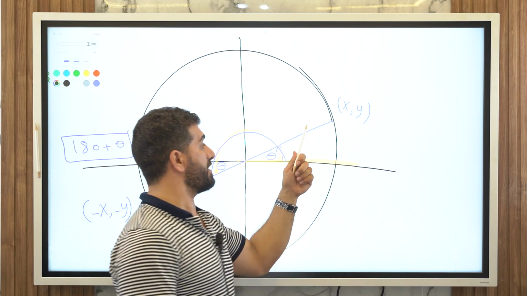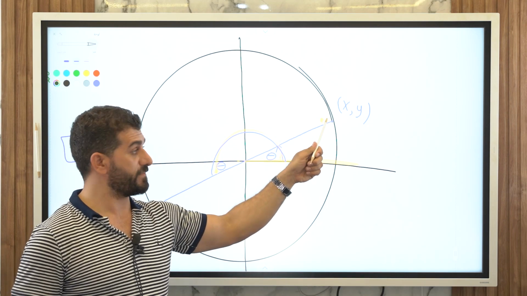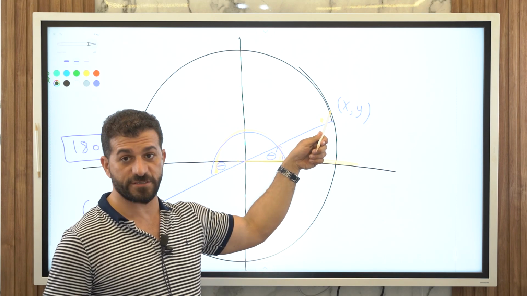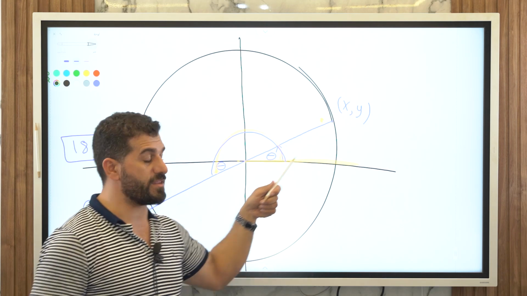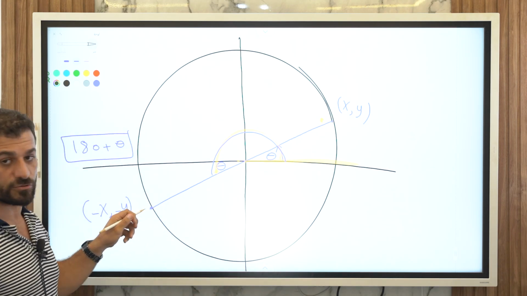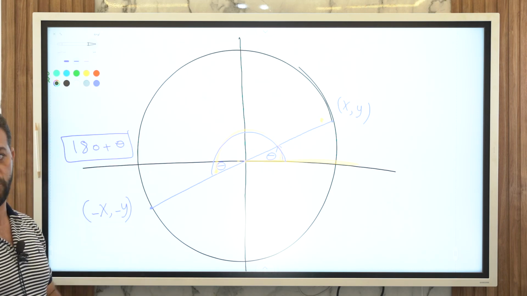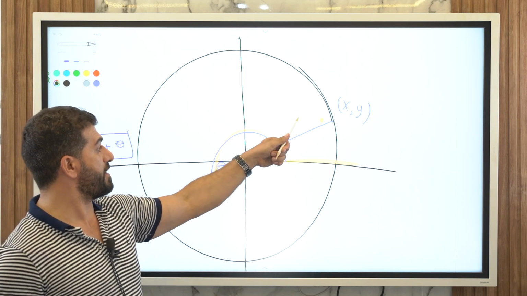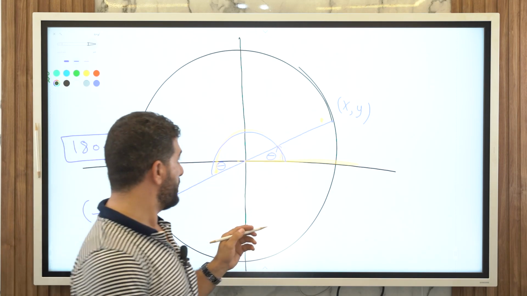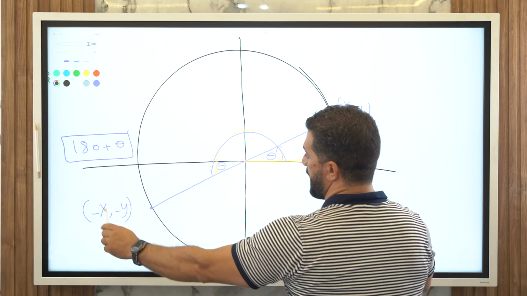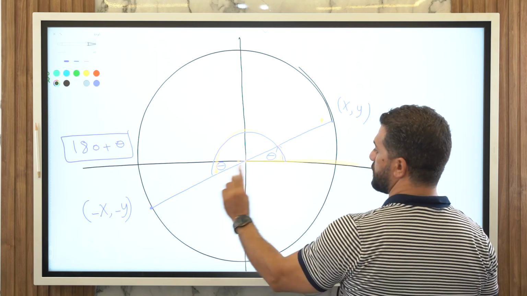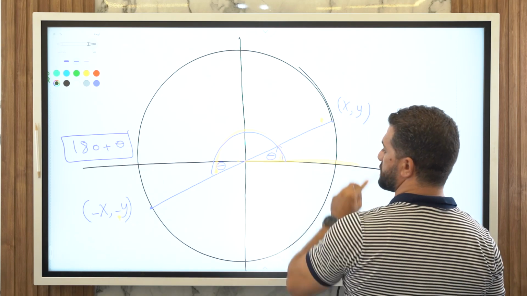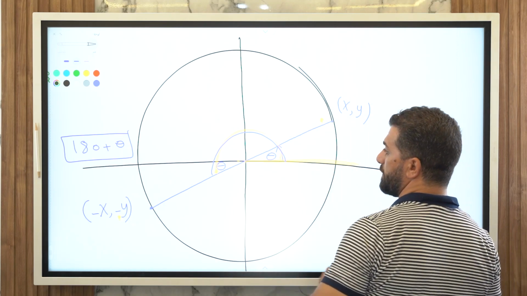You will find that the two coordinates of this point, x and y, and the two coordinates of this point are going to be negative x and negative y. They have the same value, but the difference is in the sign. Here x has a different sign, and here y has a different sign than this y.